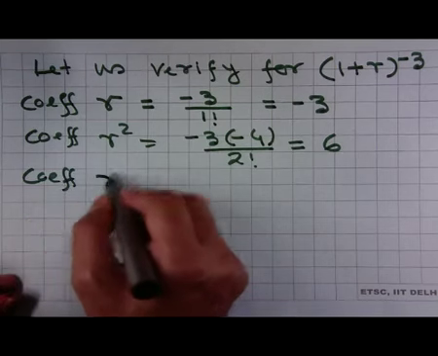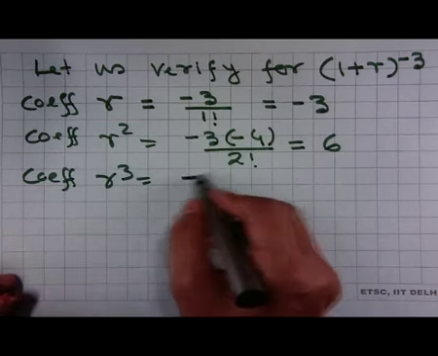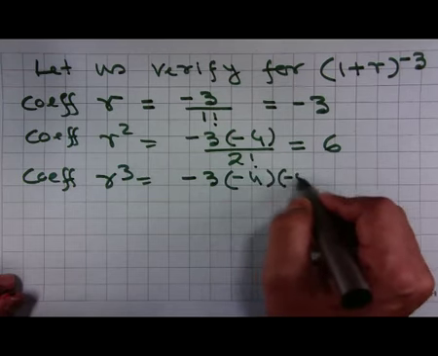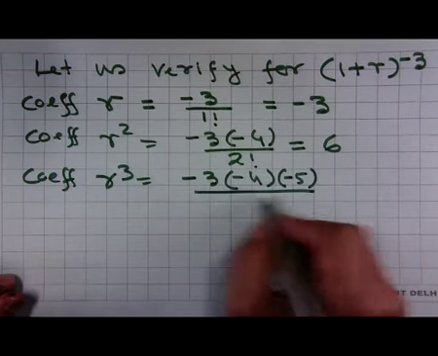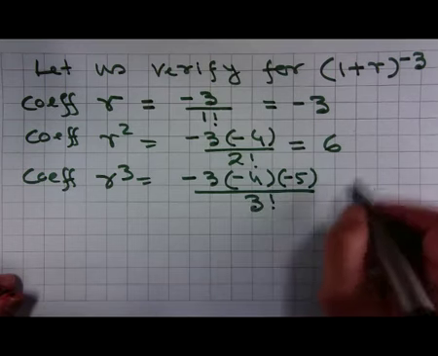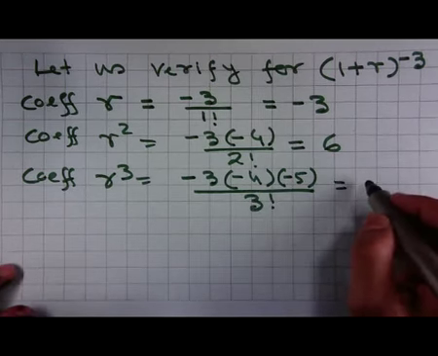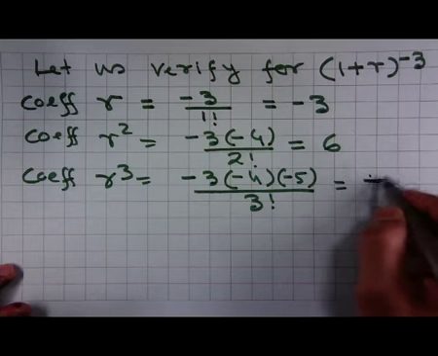Coefficient of r cube is equal to minus 3 minus 4 minus 5 upon factorial 3, which is equal to minus 10.